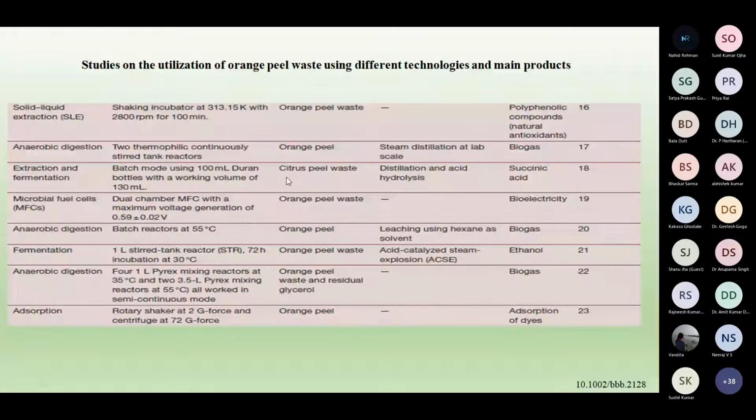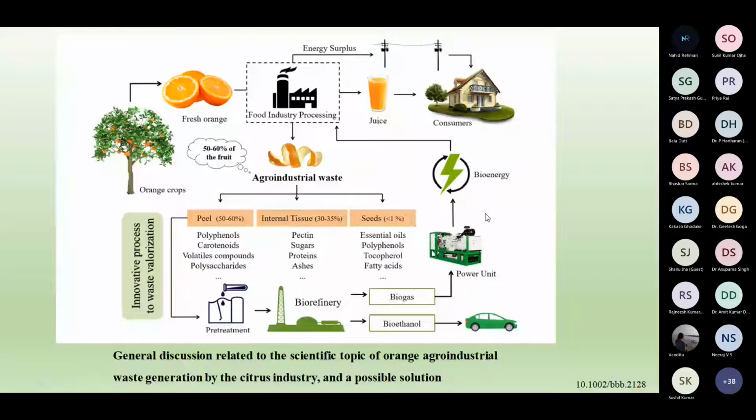Similarly, you can see that these peels all were used, and this is the scheme which has been used to explain that you had a lot of orange, you extracted juice. The food industry is having a lot of pulp and peel. Juice is being sold, and this agro-industrial waste was separated from the peel.